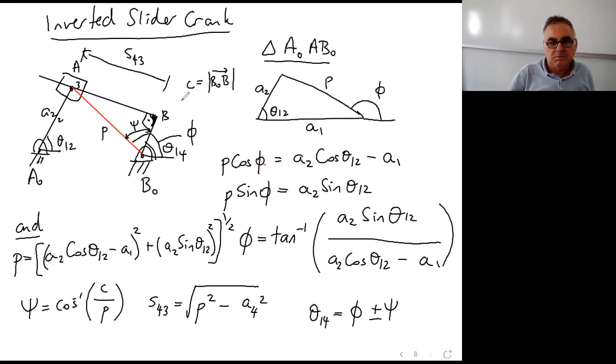A4? What is A? No. A4 is actually, this A4 is B0B, I'm sorry. C is something else.